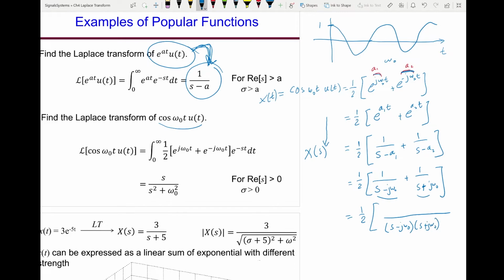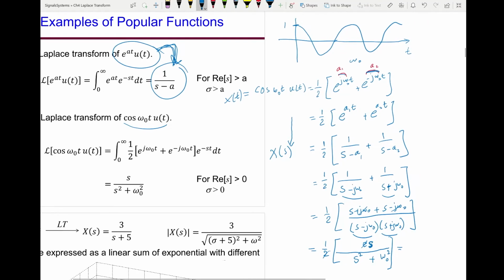And here it will be s plus j omega 0 plus s minus j omega 0. And finally, this is just a complex times its conjugate, so you get the real squared plus the imaginary squared. And this plus will cancel these and you get 2s, and this 2 will cancel, and finally you get s over s squared plus omega 0 squared.